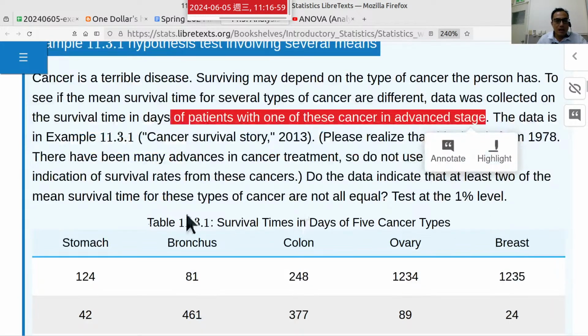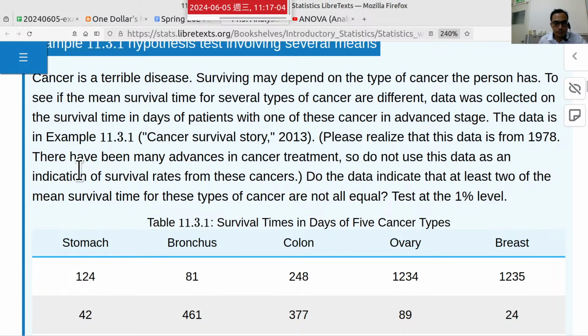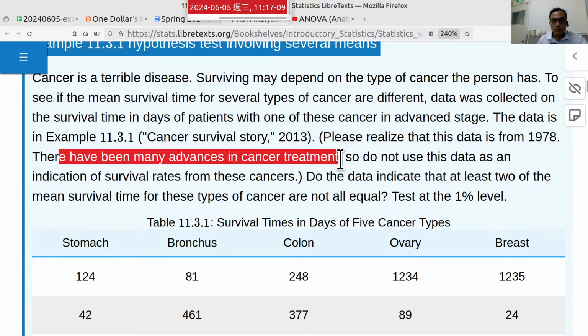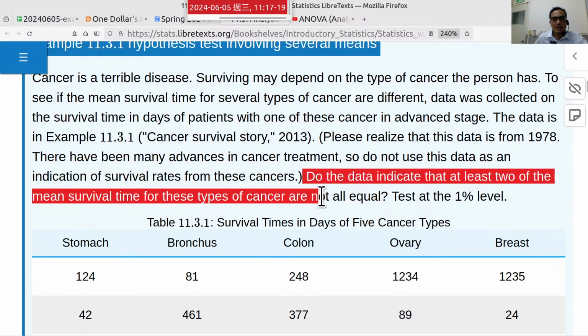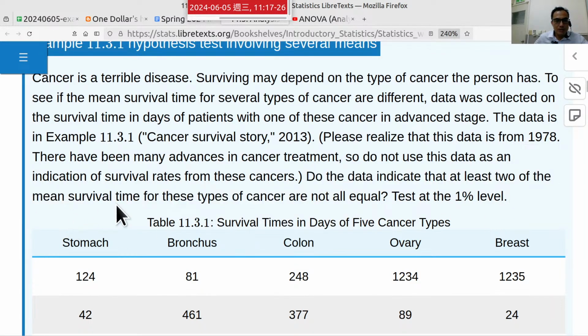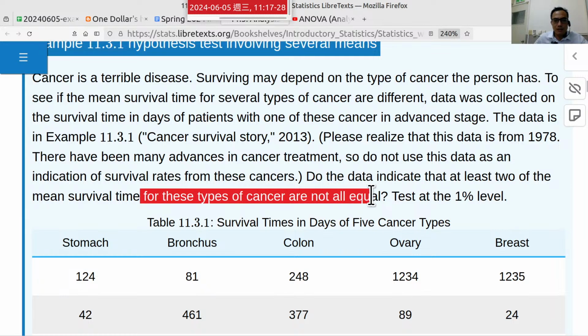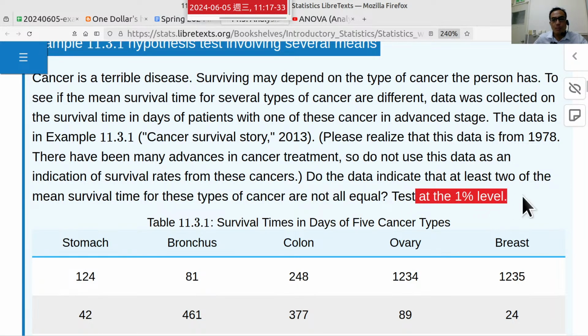The data is in example 11.3.1. There have been many advances in cancer treatment, so do not use this data as an indication of survival rate from this disease. It's just an example, an old example. Do the data indicate that at least 2 of the mean survival times from the types of cancer are not all equal? Test at 1% level.